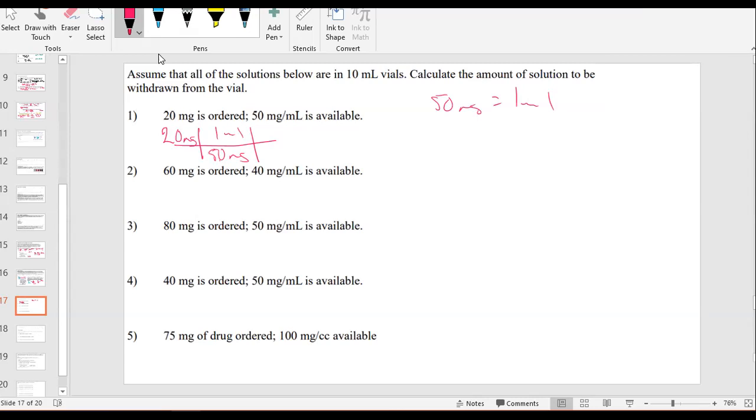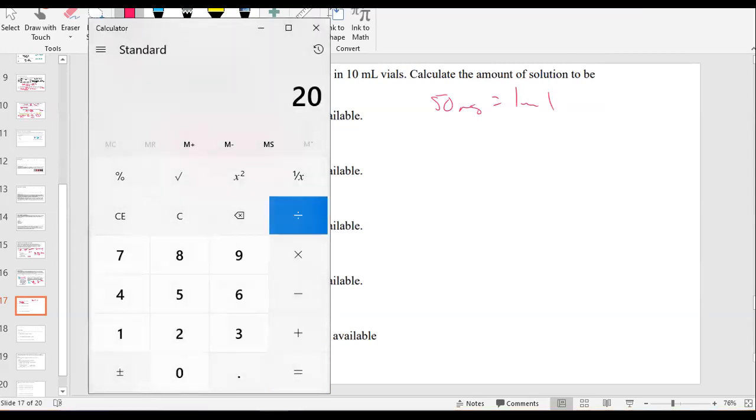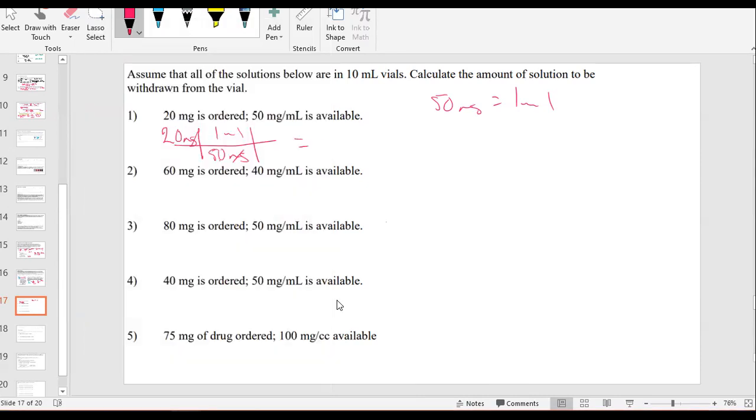So the milligrams will cancel, and that's 20 divided by 50 equals 0.4 mLs. Okay. You guys can see that on your paper, right? So I'm going to turn it off, work on that, and I'll show you the answers in a minute.